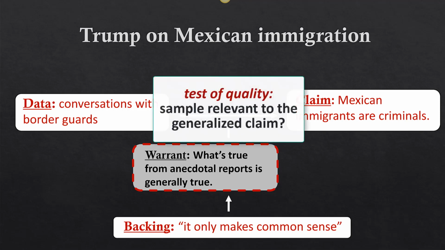Test of quality. Are the sampled observations relevant to the general claim? Now, in this specific context, it might be reasonable to suggest that border guards have an opportunity to observe the kinds of folks that are coming over the border from Mexico, but we don't know necessarily who these border guards were, what particular points of the border that they're guarding, whether or not they're just observing the people that are coming over the border at regular points of entry, whether they're border guards that work specifically on investigating and apprehending undocumented immigrants.